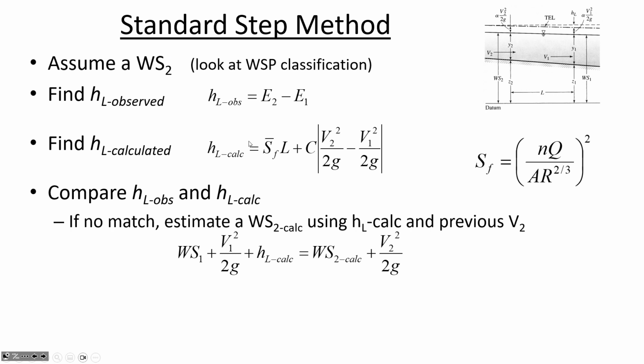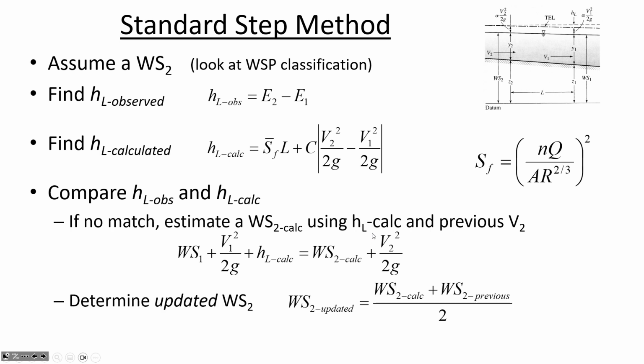So if we don't have a match between the observed and the calculated head loss, then we'll estimate a water surface elevation at 2 using this formula with the calculated head loss. That'll allow us to make an adjustment. Then we'll update the water surface elevation by basically splitting the difference between what is calculated from this formula and our previous guess.